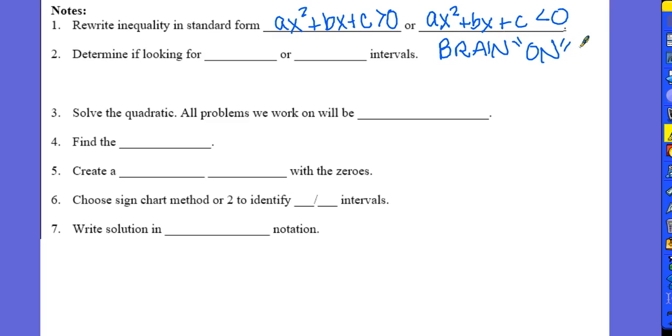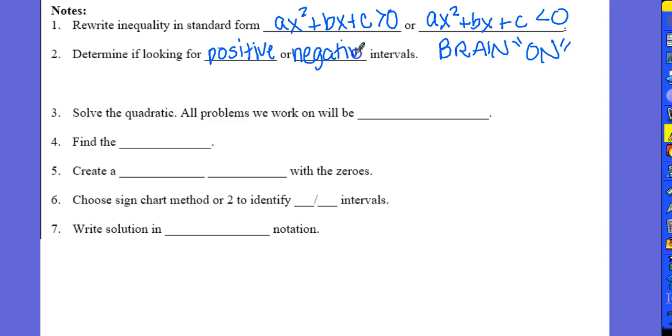You're going to turn your brain to the on position, because now the automation is going to stop, and you're going to have to think, because you now have to determine, now that it's greater than 0 or less than 0, if you're looking for a positive or a negative interval.